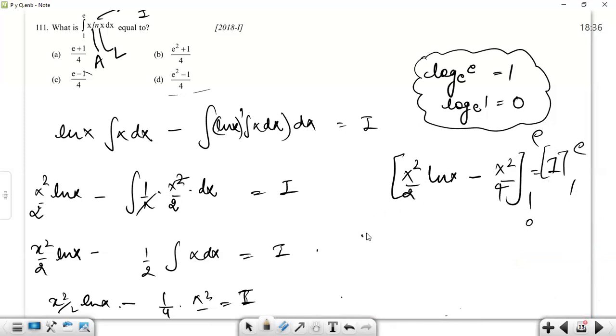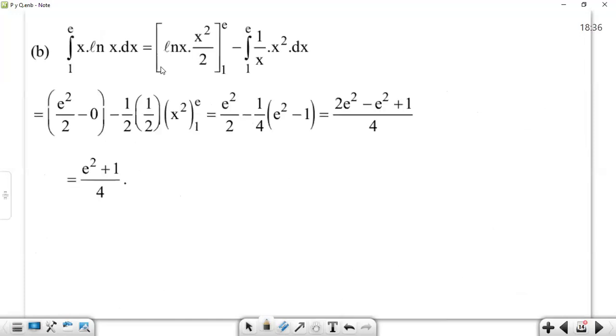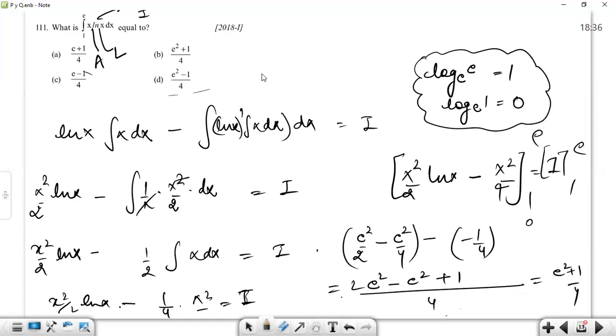Now substituting e square by 2 ln of e, which is 1, minus e square by 4. Further, then ln of 1 has become 0, so 1 by 4. Now taking 4 as LCM, 2 e square minus e square plus 1. It becomes e square plus 1 by 4. So B is the answer. Let's check. Yes, B is the answer.